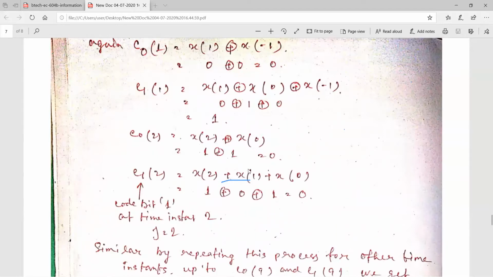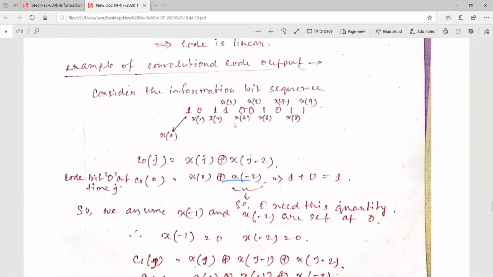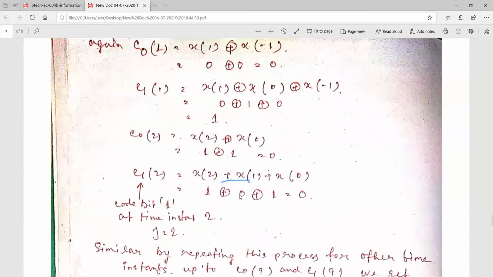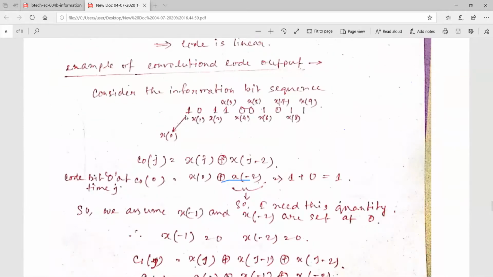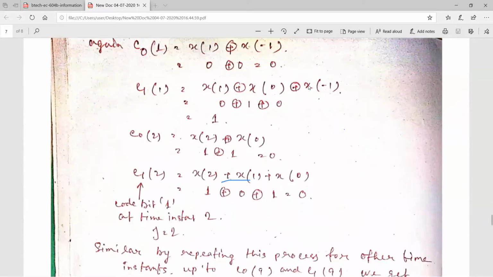What is the value of x1? x1 is 0, and x0 equals 1. That means x0 equals 1, right? So 1 XOR 0 XOR 1, that means 1 0.